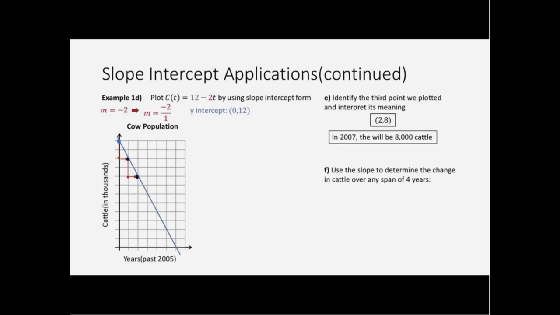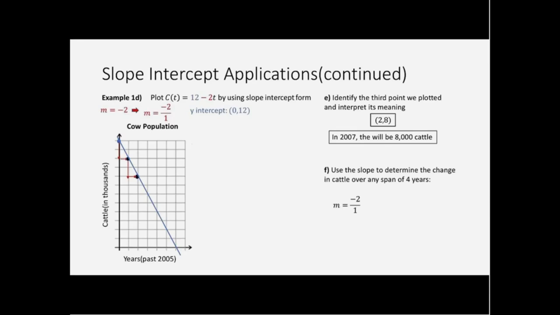Use the slope to determine the change in cattle over any span of 4 years. What this is asking us to do is go back to that very first slope application problem that we went through and actually set up a proportion. So again, my slope is -2/1, and that -2 is the amount of cattle I'm losing, that's the top, over the years that passed.